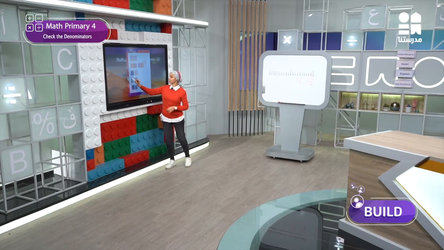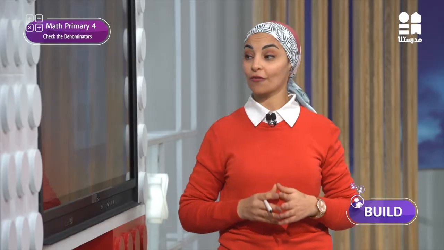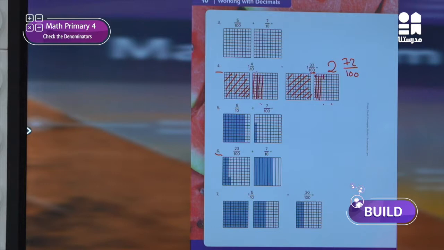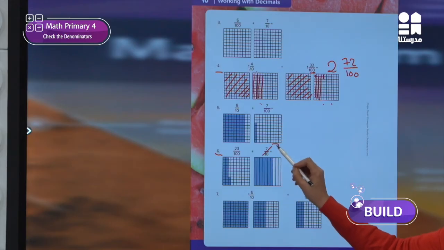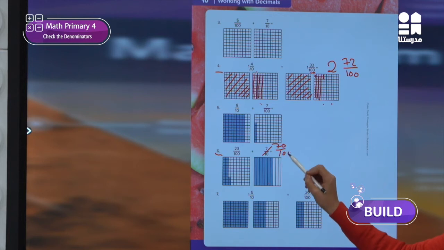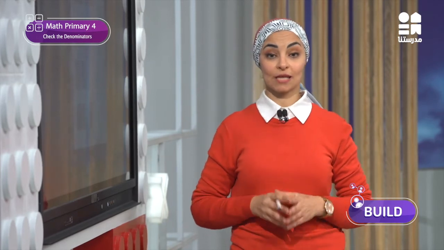In problem number 6, here it is. The second model has 7 shaded bars of tenths, as we can see here, which are equivalent to 70 hundredths. Thus the denominators are the same. We said 7 over 10 is the same as 70 over 100. So now we have the denominators the same, so we add 23 plus 70, right?